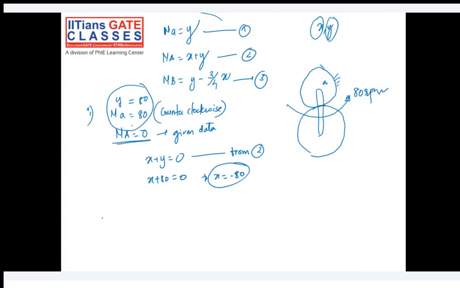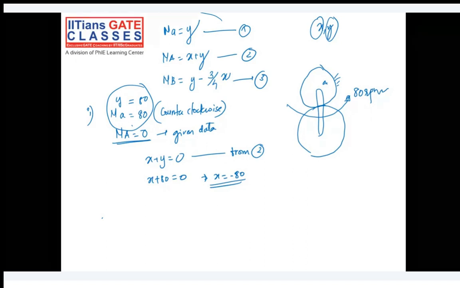We are just saying how much effect you are bringing here by rotating the arm by 80 rpm in counterclockwise. I'll repeat once again. The arm speed is 80 counterclockwise, gear A is fixed. From that you have calculated the variable X value, which will help us to calculate NB now.